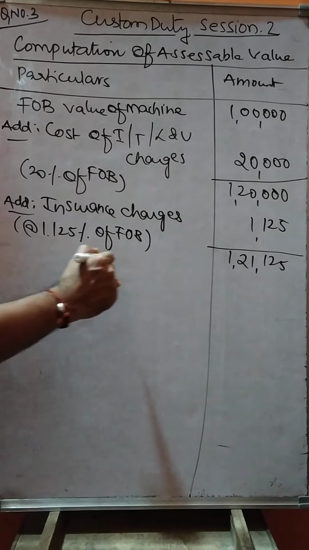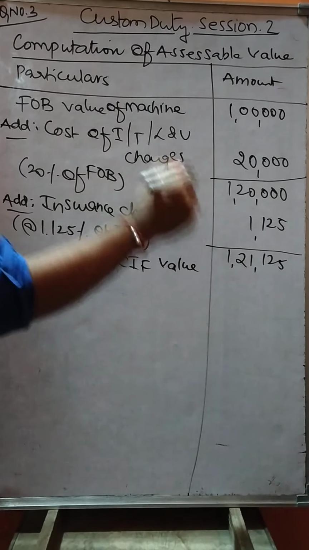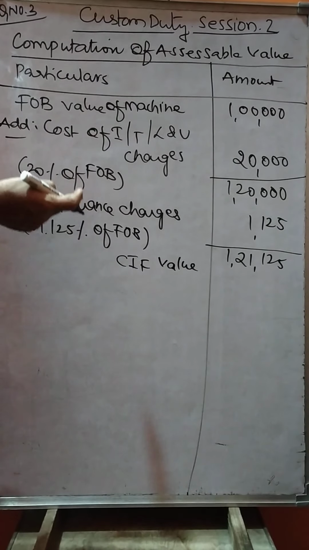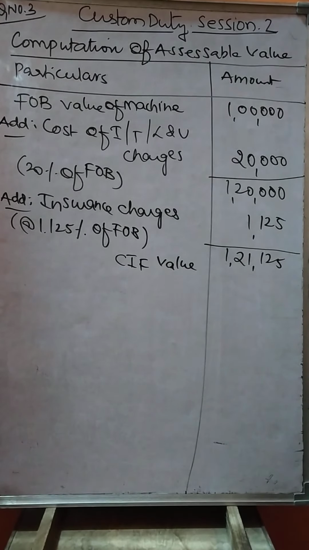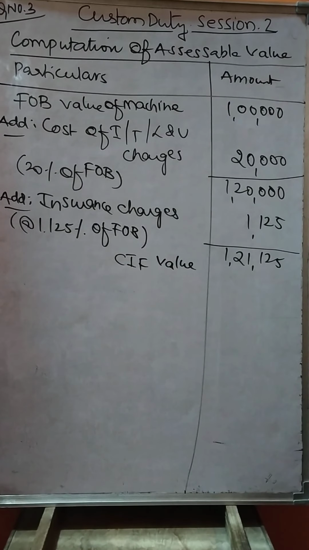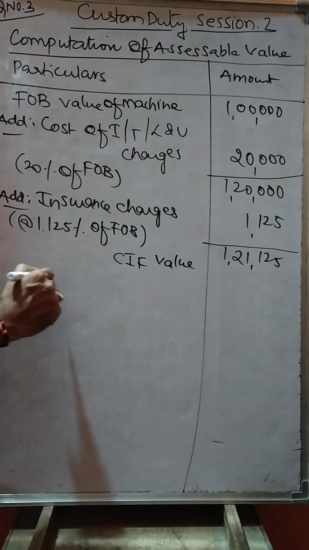That is called as CIF value. So after adding insurance charges to FOB value, we are going to determine CIF value. For this, we are again adding landing charges.